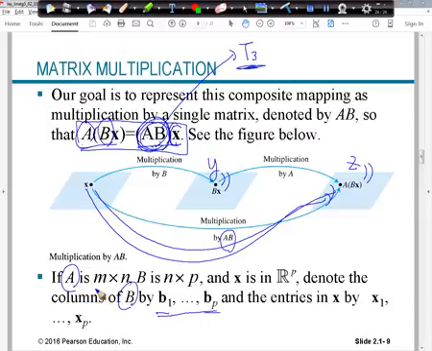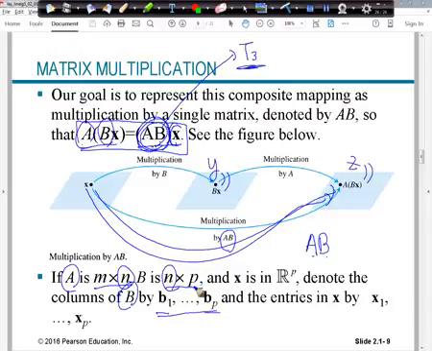In terms of size, suppose that the size of A is m by n and B is n by p. So these two numbers should be the same, so that we can define the matrix multiplication of A and B.